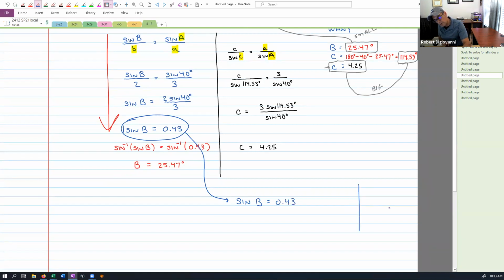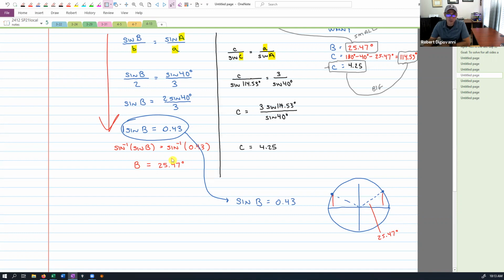On the unit circle, that's going to happen at two places. Here and over here in the second quadrant. Same y coordinates, right? Same vertical distance up. We know that this angle is 25.47 from the calculator, right?